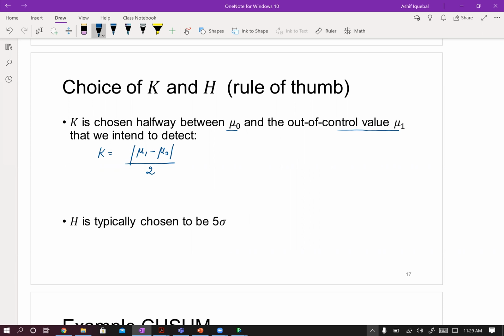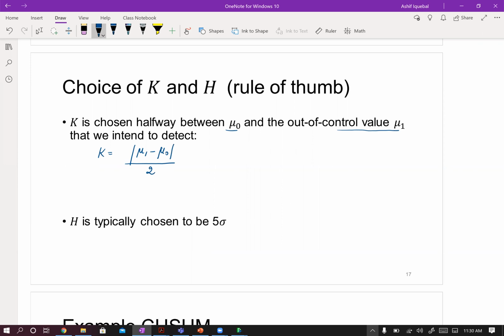You will not know the out of control process mean, right? So for the rule of thumb, you just make an assumption that mu1 is 2 standard deviations away from mu naught, or 1 standard deviation away from mu naught. So you make some assumptions here, and once you have an out of control value of mu1, you can write down K as the absolute value of mu1 minus mu naught divided by 2. Make sense?